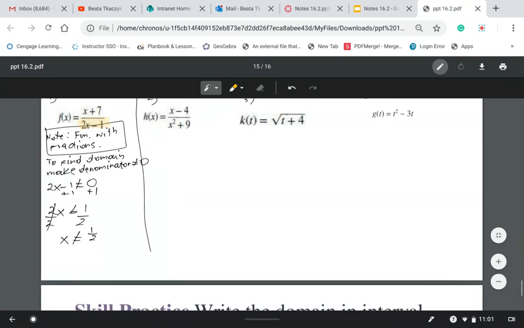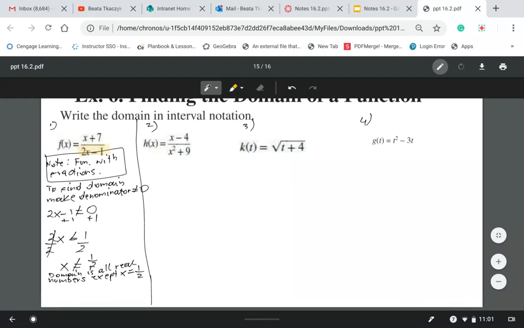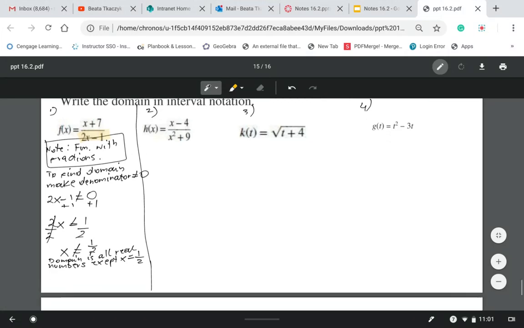What that means is that the domain is all real numbers except when x is equal to 1/2. You can evaluate this function, which means find y values, for any x you want except 1/2.